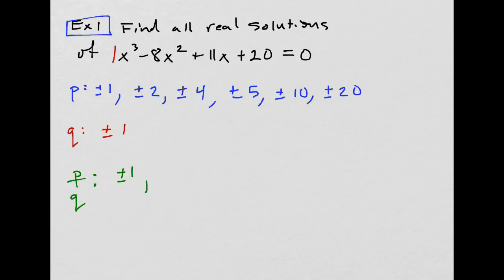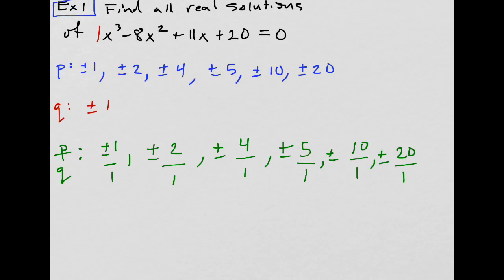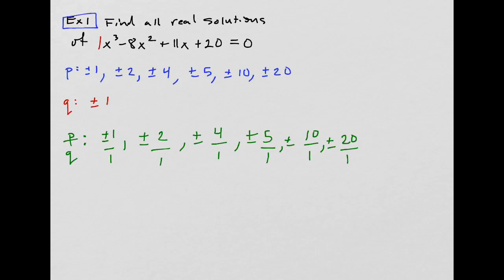But it's there, and in your handout you have that. Actually, I will write it because we are dividing these. Plus or minus 4 over 1, plus or minus, and so on. So those are my guesses for my roots, or my zeros, or my solutions, or my x-intercepts. Those are all the guesses that I could have.